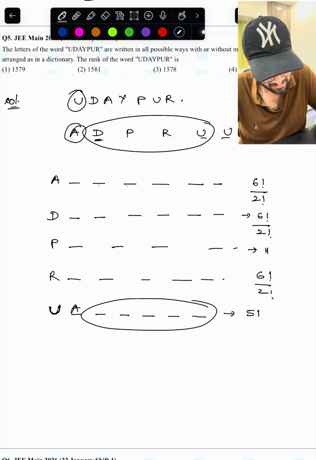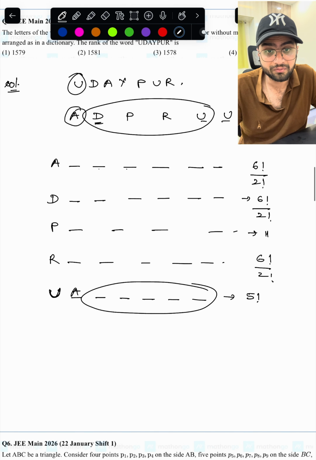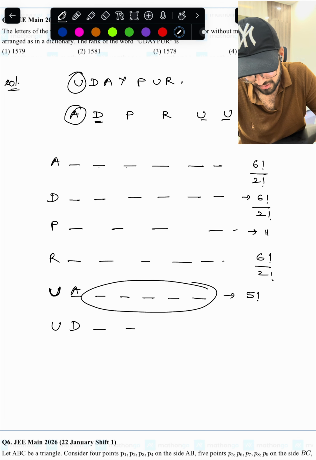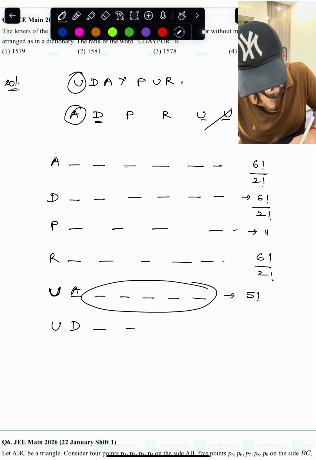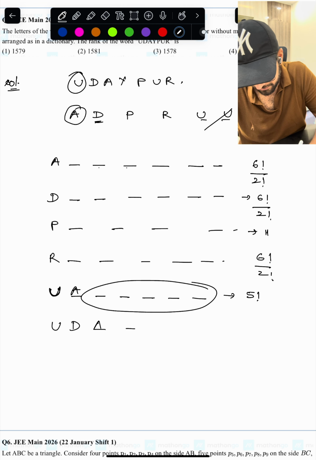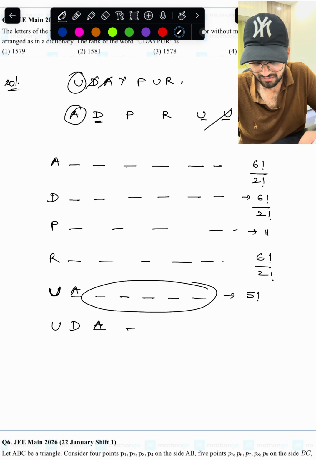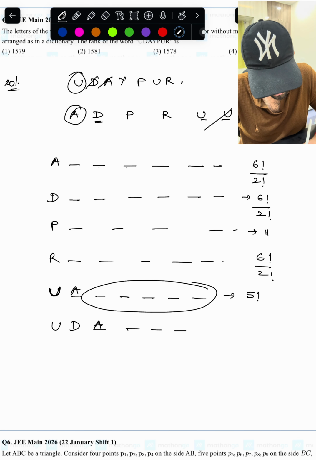So there are 5 letters and that can form 5 factorial words, right? Then after A, it comes up with D. So already U is fixed, then D is also fixed, right? Now again I will start with A. So A is also fixed because of Udaipur, right? So you are left with 4 letters now.